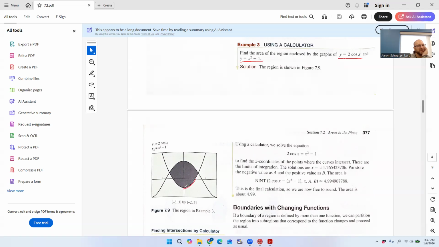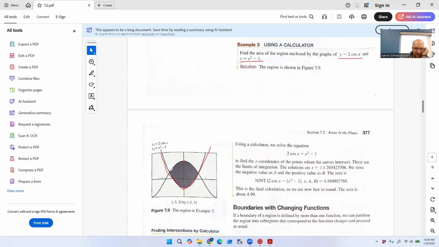No, that's my bottom. X squared minus 1 is a parabola shifted down 1. 2 cosine x. Cosine x would go through 1, 0. 2 cosine x goes through 2, 0. So that's my top one.